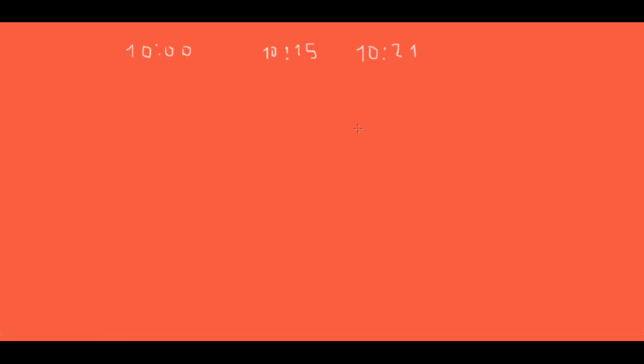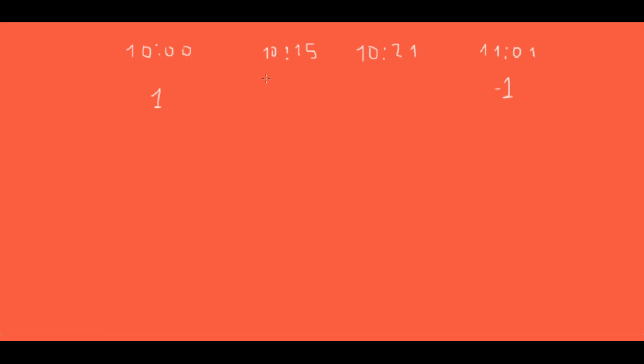The sweep line algorithm, what it does is to mark 10. Okay, now I would mark the expiration of this hour, and the expiration would be 11:01. Okay, and I mark 11:01 with -1.